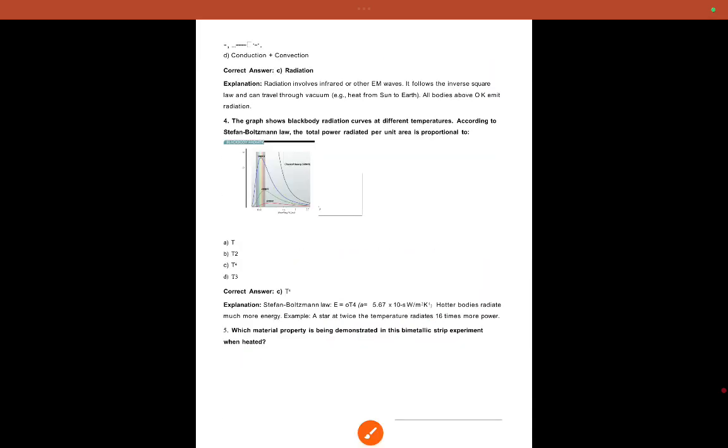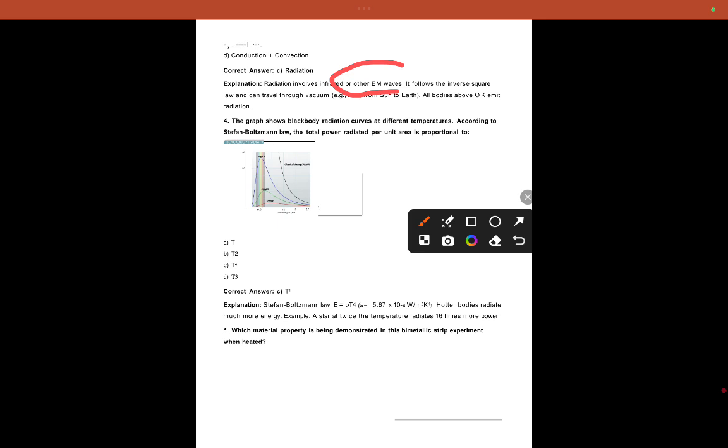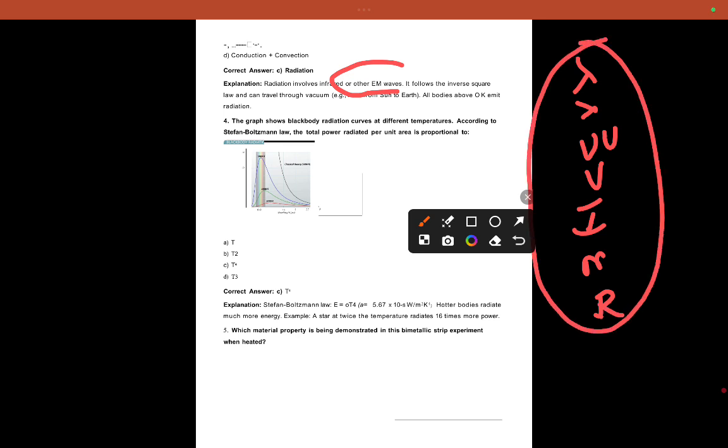Radiation involves infrared or other electromagnetic waves like gamma rays, X-rays, UV rays, visible rays, infrared, microwaves and radio waves. These are electromagnetic waves, and our visible light is in the visible region.